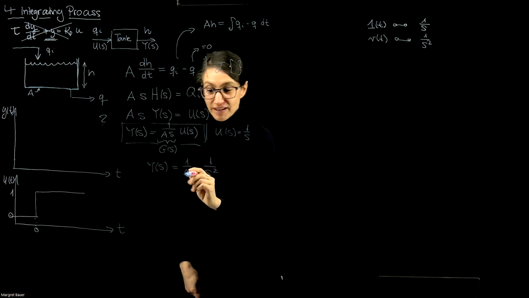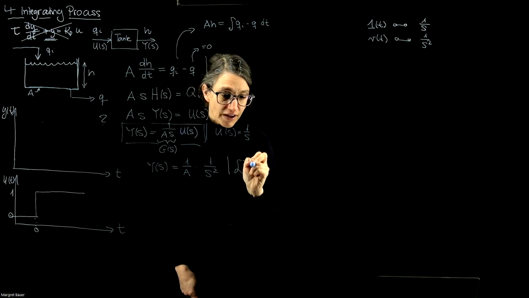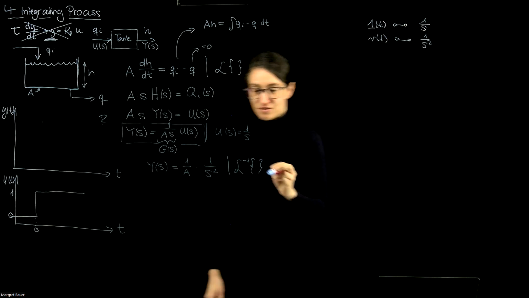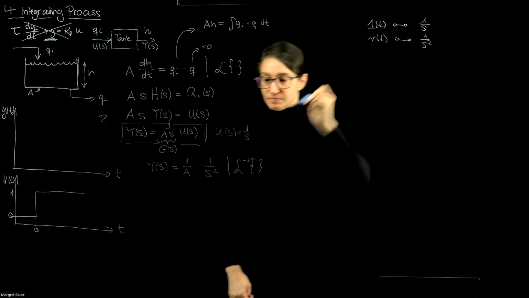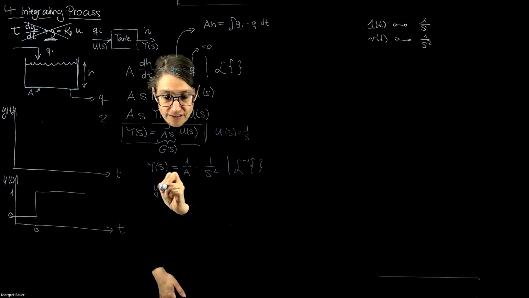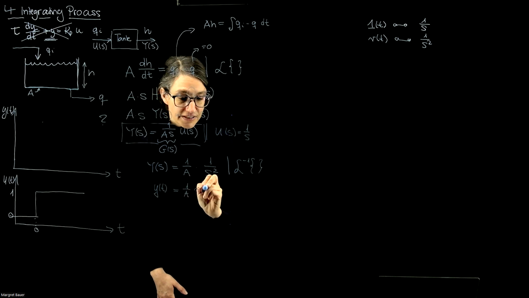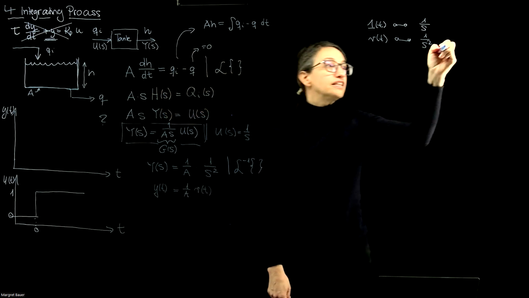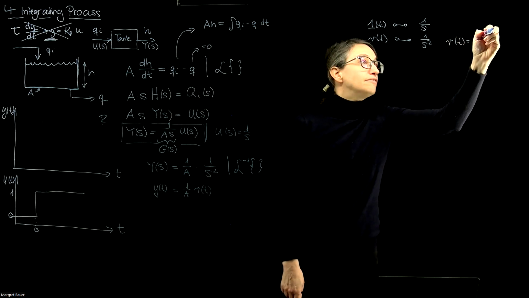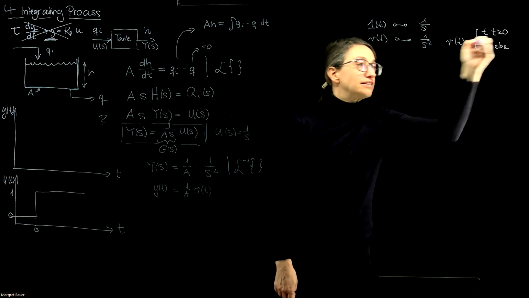So you make use of that fact, and we do the inverse Laplace transform via this lookup table. Again, this is not really a table, it just has 2 entries. And we can write that y of t equals 1 divided by a times r of t, the ramp function. And r of t was defined as t for t greater than 0, and 0 before.